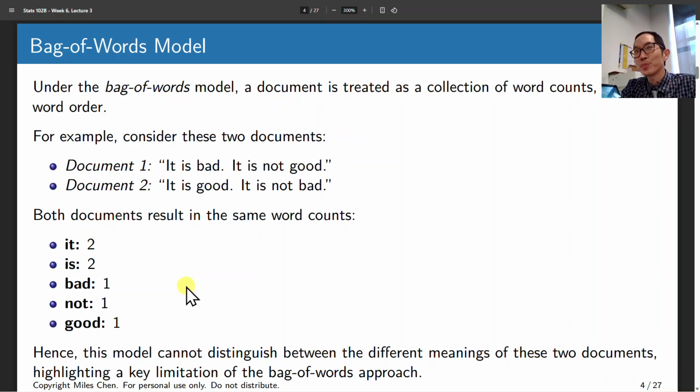My personal opinion is don't use a bag of words model for sentiment analysis, because you're going to run into this problem where you have two opposite sentiments and it can't tell the difference between the two. The word not is really important as far as sentiment analysis goes.